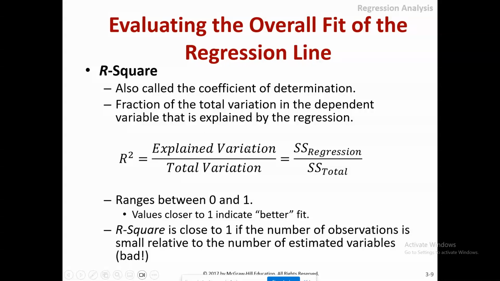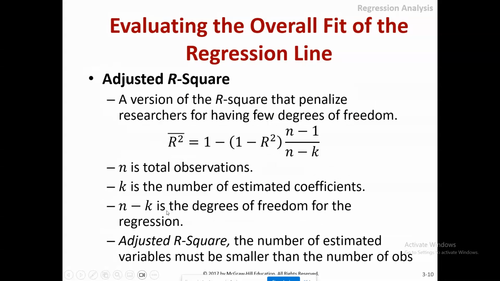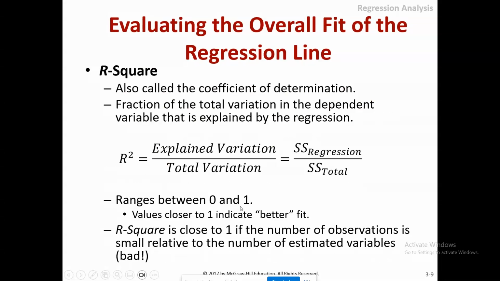So it is the sum of squares in regression over the sum of squares of total variation. And R squared ranges from 0 to 1. The bigger R squared, the better. A value close to 1 indicates a better fit, meaning the majority of the variations are explained by the regression.